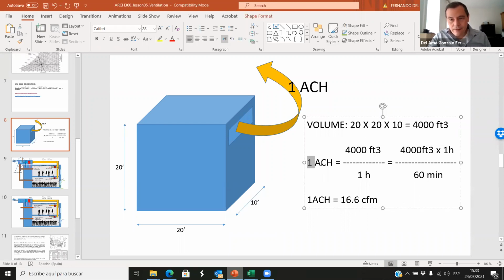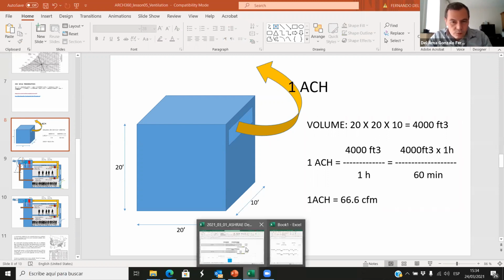So 1 air change per hour in this volume is 4,000 divided by 60, which is 66.6 CFM.